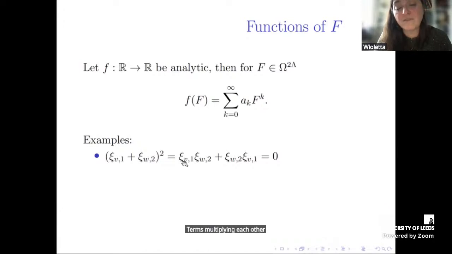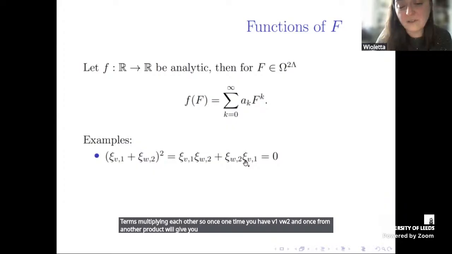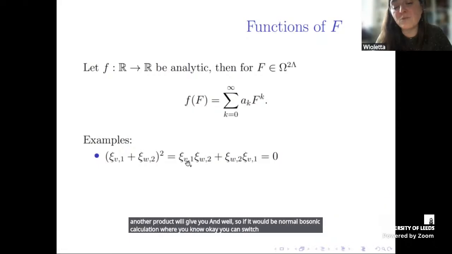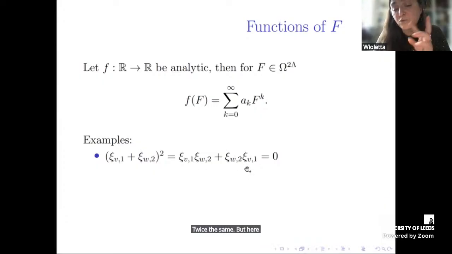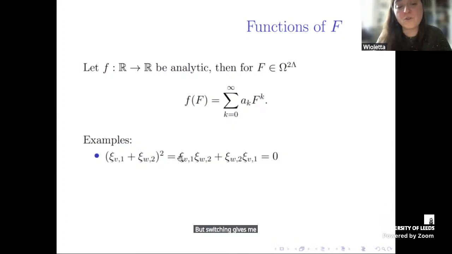So one time you have V1, W2, and from another product you get Xi W2, Xi V1. If it were a normal bosonic calculation, you could switch them and it gives you the same sign, so it would be twice the same. But here, if I want to add them up, I have to switch the order, and switching gives me -1. So this will give you 0.